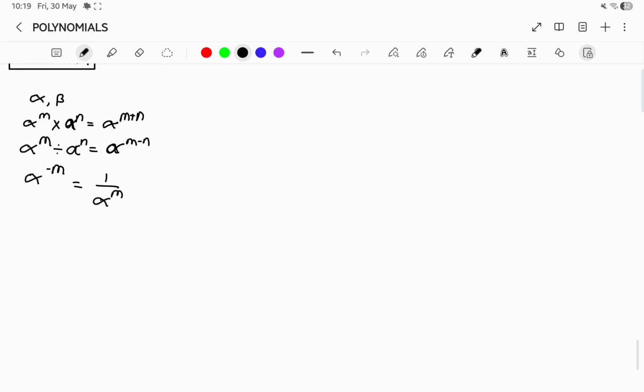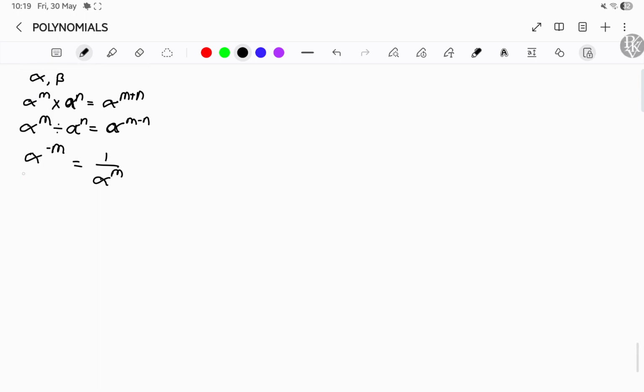And this is one more that is not related to the laws of exponents, but it is pretty important to solve the rest of the types of questions that may come. That is, if you are given alpha square plus beta square, this will be (alpha plus beta) the whole square minus 2 alpha beta.